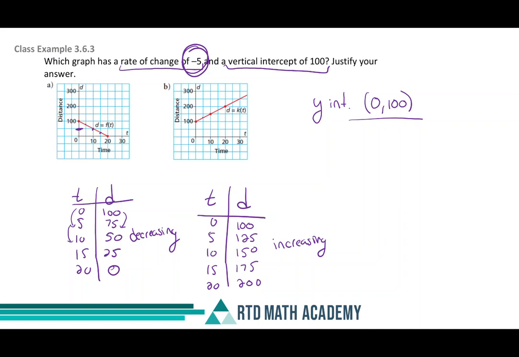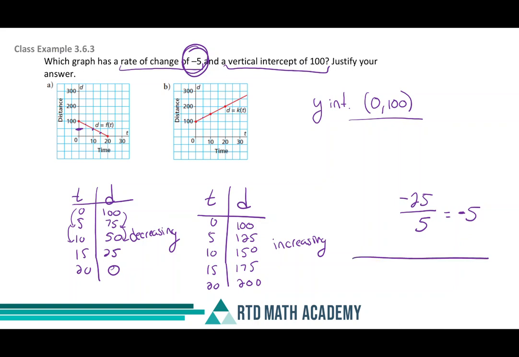So let's just talk about if I have a drop of 25 units for every 5 units I go along the x-axis for the time, I could actually simplify this, right? If I know that 25 divided by 5 is 5, that's great. I also have a negative divided by a positive, so I can see mathematically that this is a decreasing rate of 5 units in the distance for every 1 unit in time.